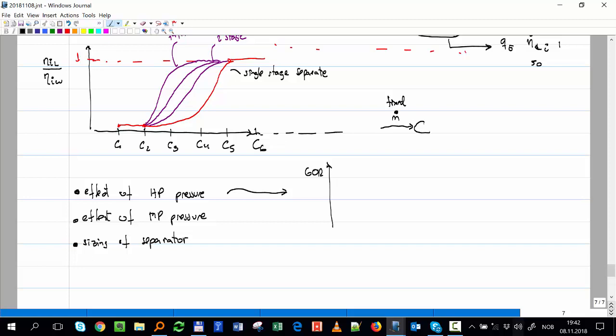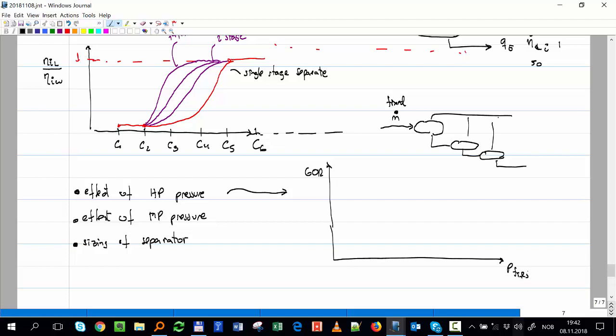Then I start to change the pressure of the first stage. Typically what I get is that as I increase it, the GOR goes down and then it starts to go slowly, slowly up.